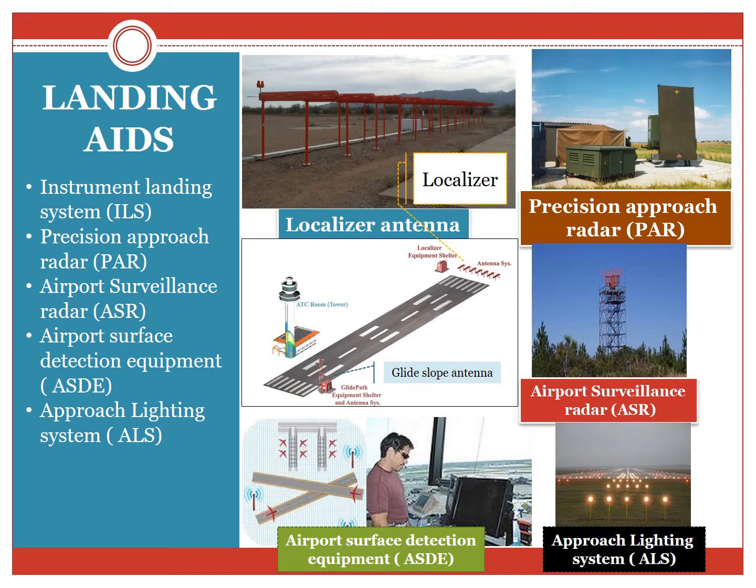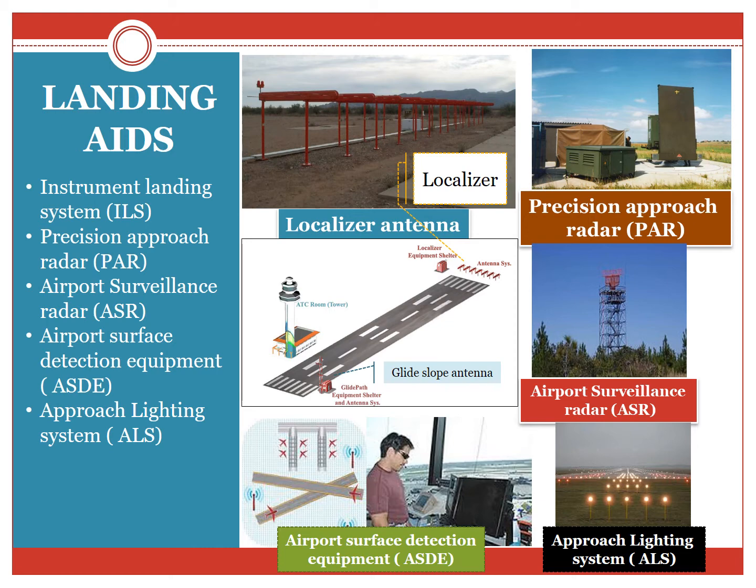Similarly, there are landing aids known as ILS, that is Instrument Landing System, PAR, that is Precision Approach Radar, ASR, that is Airport Surveillance Radar, ASDE, that is Airport Surface Detection Equipment, and ALS, that is Approach Lighting System.